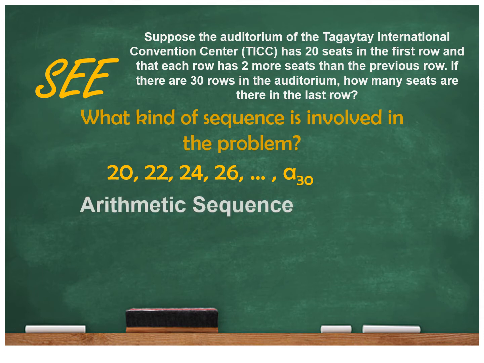How do we get the common difference of 2? That is a sub 2, the second term, minus a sub 1, the first term. So that is 22 minus 20, which is 2. Or we can use the third term minus the second term, 24 minus 22, that is also 2. That's why the common difference is 2.